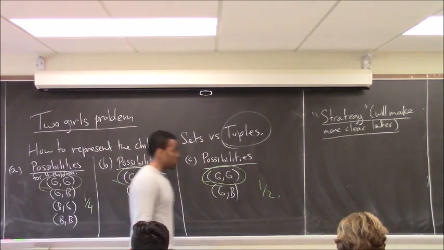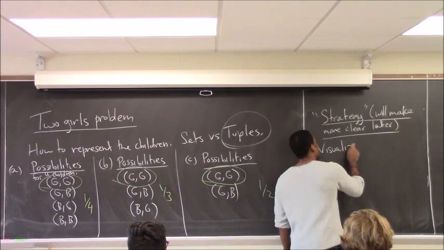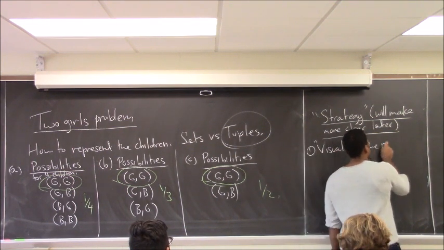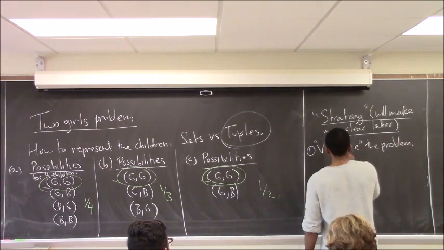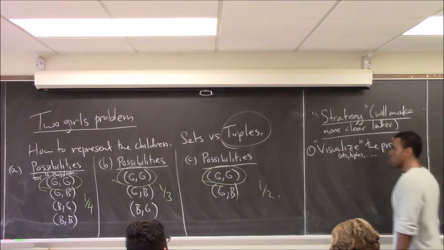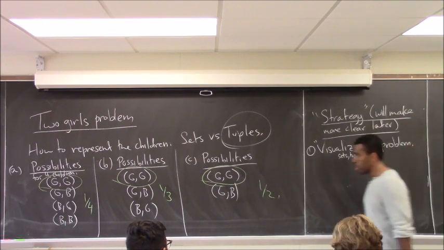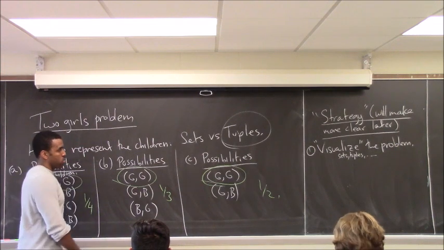How do you actually approach this problem? Well, one, you have to find a way to visualize the problem. Visualize, of course, here is in quotes. So sets, tuples, something else. Find a useful way to represent the problem in your head so you can see all the possibilities laid out for you in some strategic, objective way.